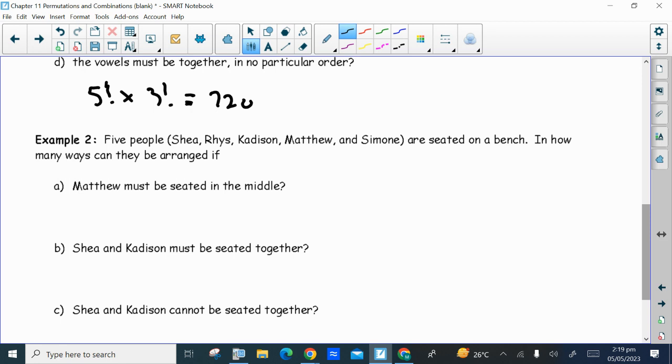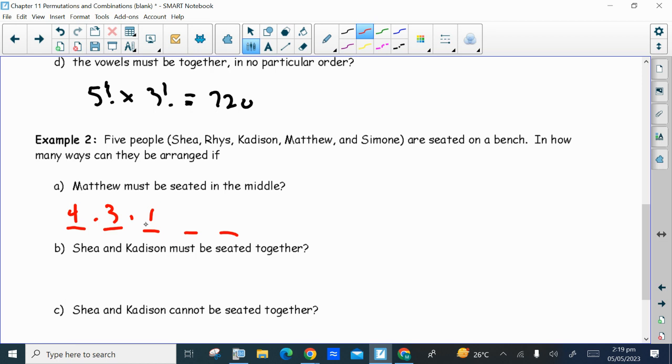5 people, Shay, Reese, Caddis, Matthew, and Simone are seated on a bench, and how many ways can they be arranged if Matthew must be seated in the middle? So there are 5 people, and if Matthew must be seated in the middle, there's only one choice for the middle seat. We started with 5, now there's only 4. So you have 4 choices for the first seat, then 3.